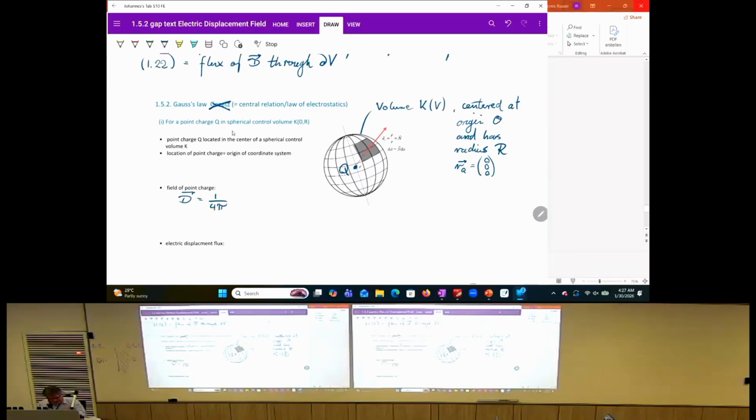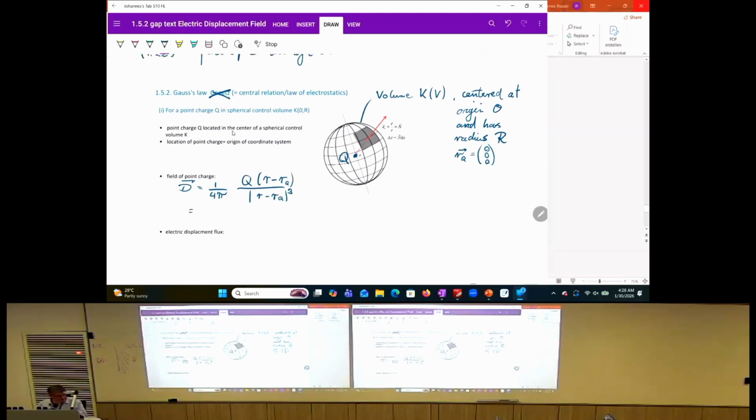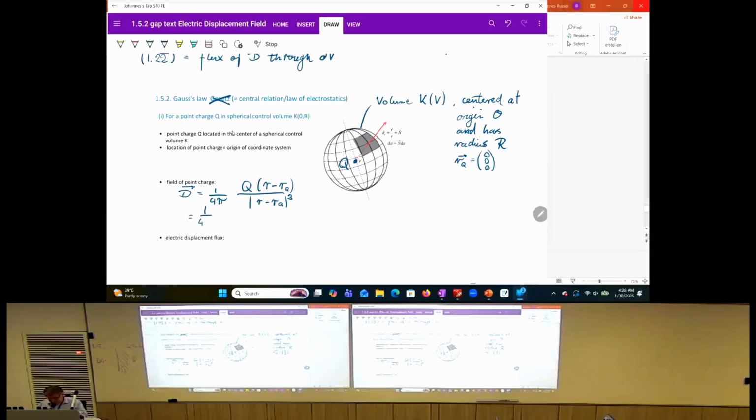And we have the formulation for the displacement field of a point charge as 1 over 4 pi times Q, that is our charge centered in the origin, times r minus r_Q. And we can also write that as 1 over 4 pi, Q over r to the power of 3, times r, because our r_Q is just in the origin, right?